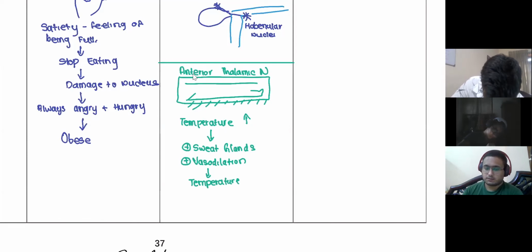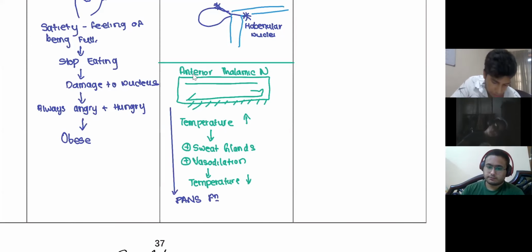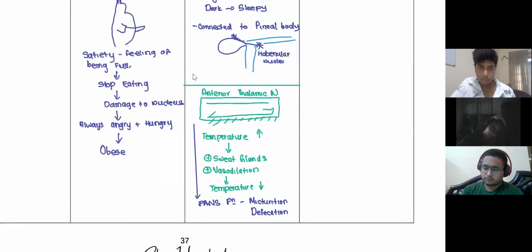You don't want your body to be activated now. It is also involved in parasympathetic action. This nucleus is also involved in parasympathetic function, but it is mainly for micturition and defecation. Associate it this way.